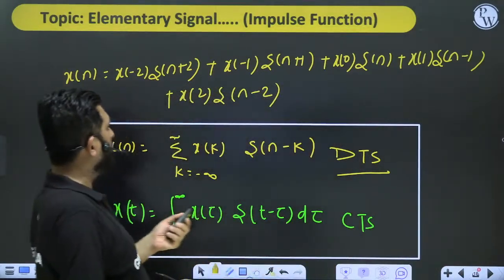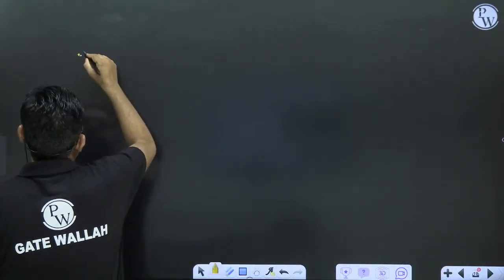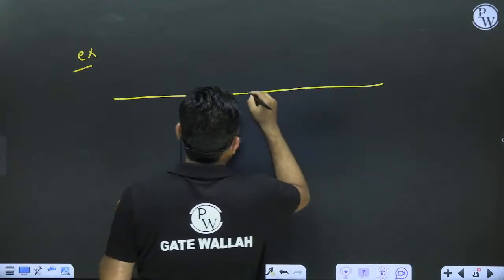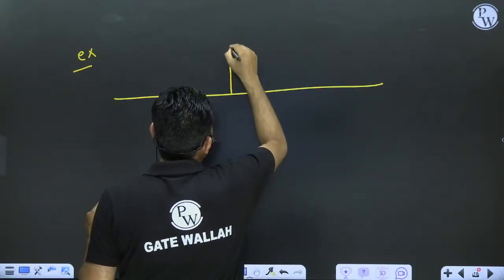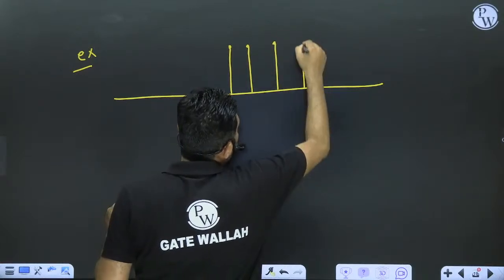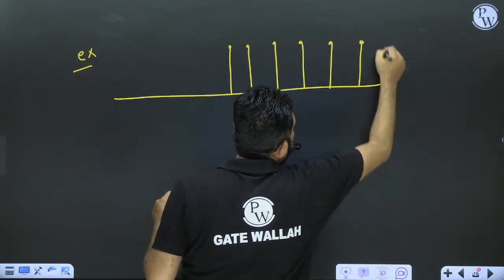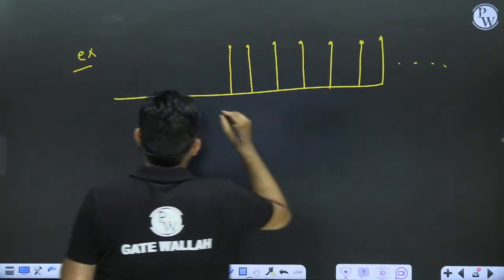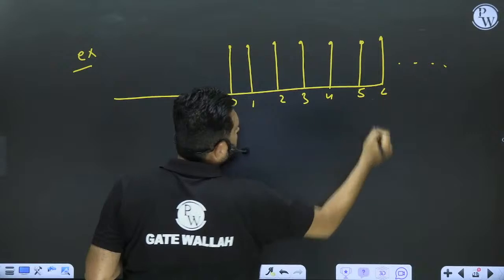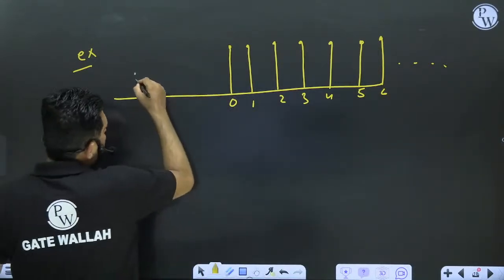For example, suppose I have this function, 0, 1, 2, 3, 4, 5, 6 and so on. This is u[n].